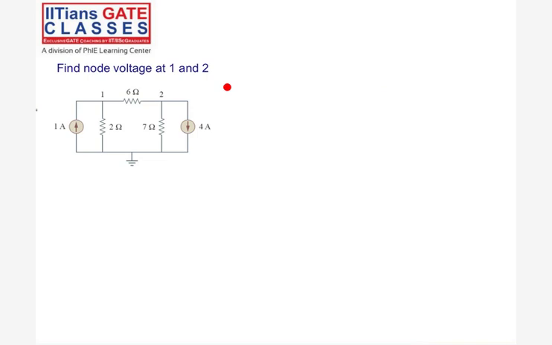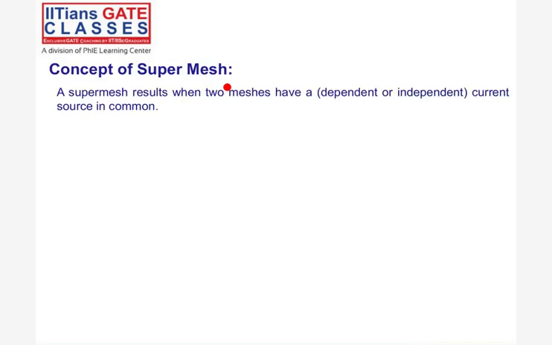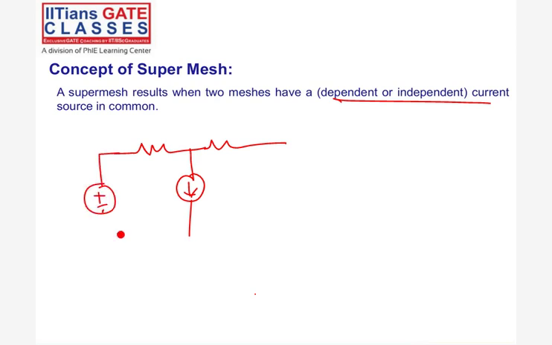Because whatever current this source is forcing, the same current will flow through the resistor. You don't have to find a separate current, because this source will force the same current. If this is a 3 amp source and I have a resistor, it will be the same.